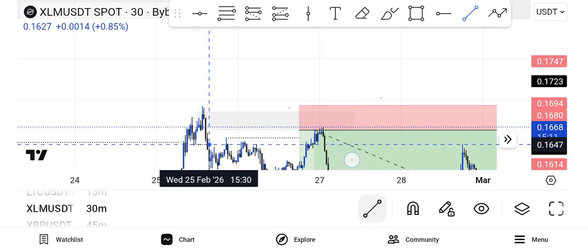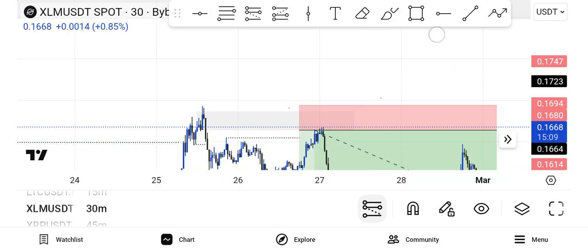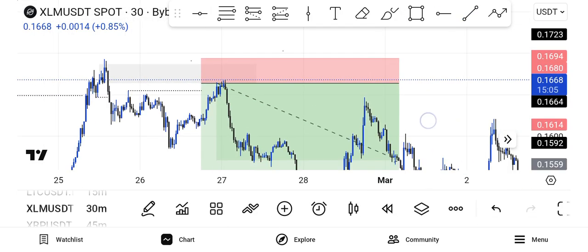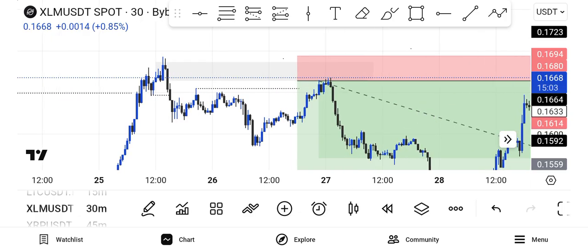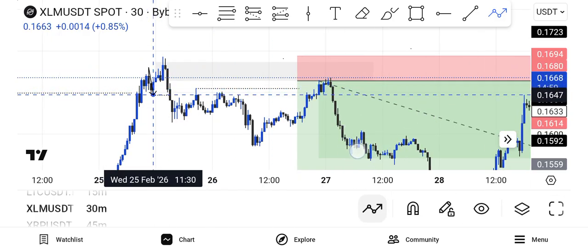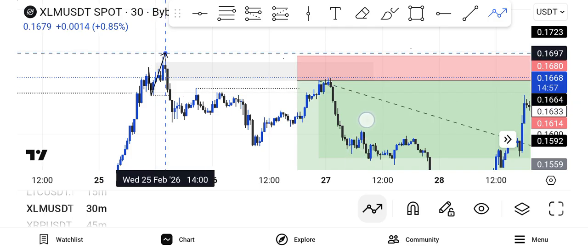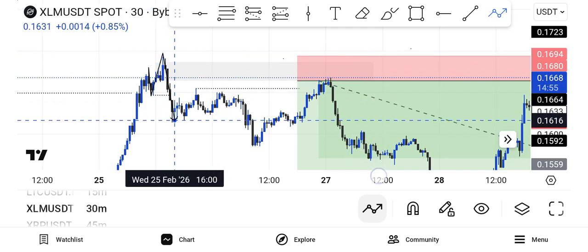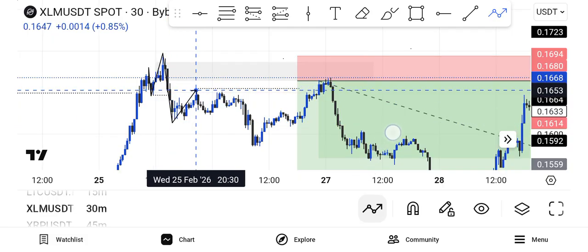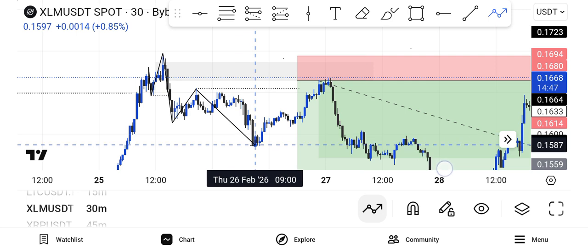over here, this was the first low, which is the liquidity. So we had this low, we had this high, we had this low, we had this high, this low, this high, we had another low.